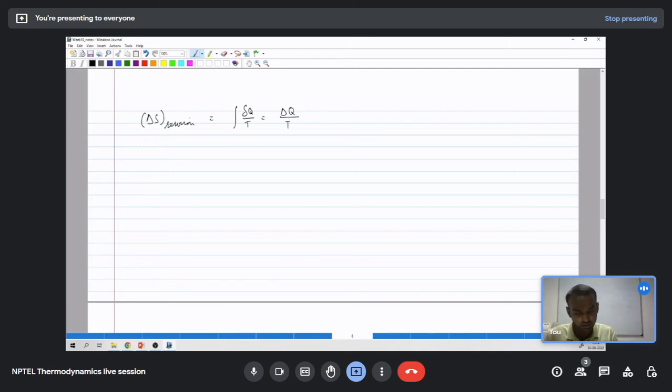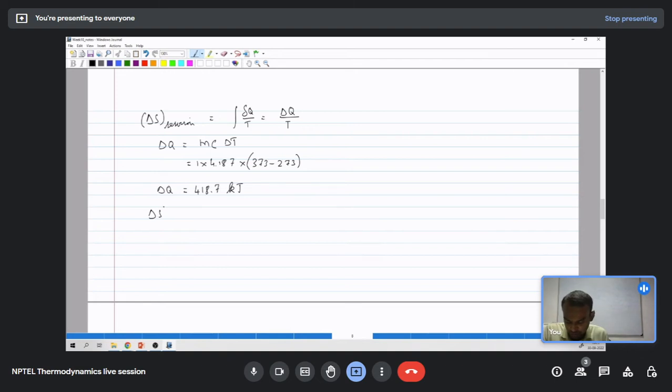So we can directly take it as del Q by T, and here del Q is calculated as mc delta T, which is 1 into 4.187 into delta T, 373 minus 273 Kelvin. So we will have 418.7 kilojoules. So 418.7 kilojoules of heat is transferred from the reservoir.